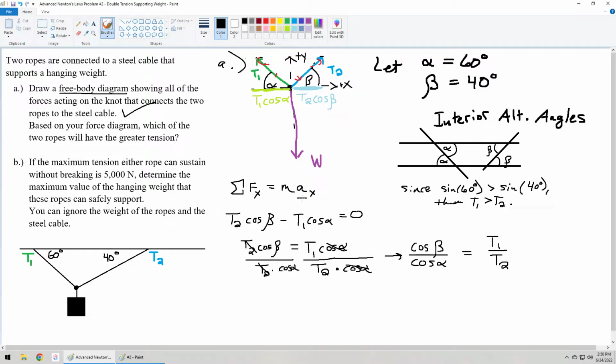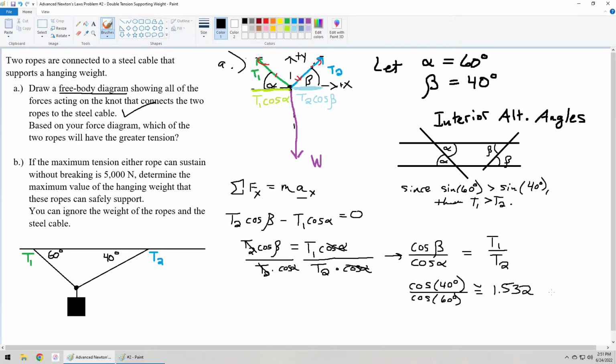So if we look at this fraction and approach the analysis using the proper tools, then T1 divided by T2 should be greater than 1. In fact, let me rewrite this. Because beta is 40 degrees and alpha is 60, if I take cosine of 40 divided by cosine of 60, what do I get? Well, if I approximate here, about 1.532.